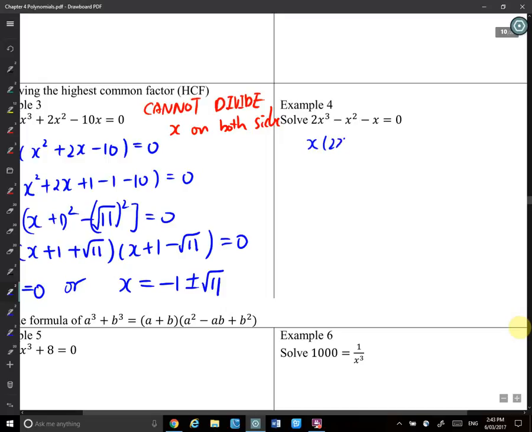Have x here: 2x squared minus x minus 1 equals 0.